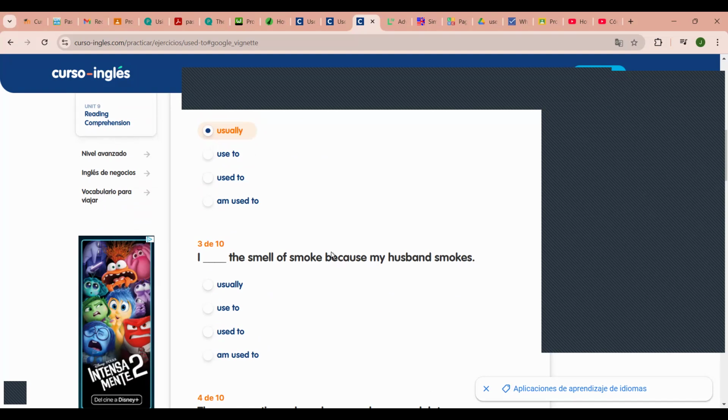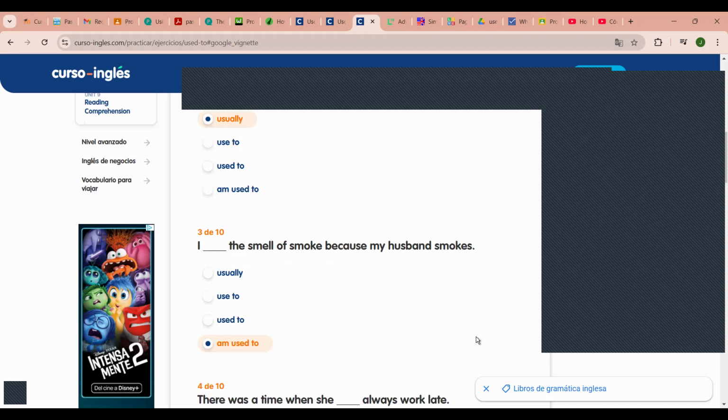I used to, no. ¿Qué usamos cuando estás describiendo algo a lo que estás acostumbrado, que ya se ha vuelto normal, habitual, pero no es tu hábito? I am used to. Exactly. All right, full sentence. I am used to the smell of smoke because my husband smokes.